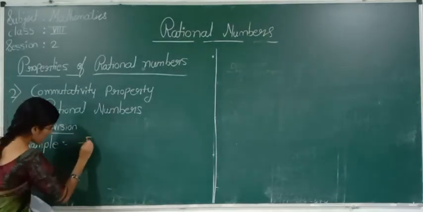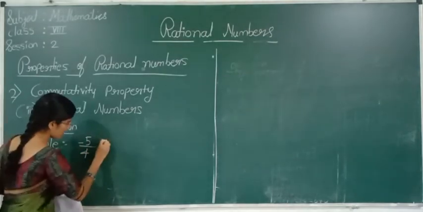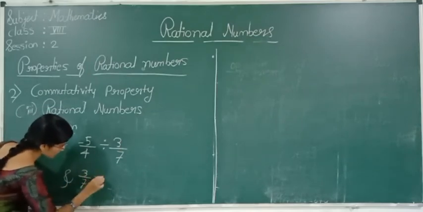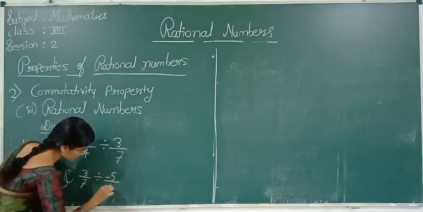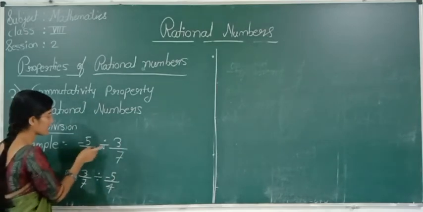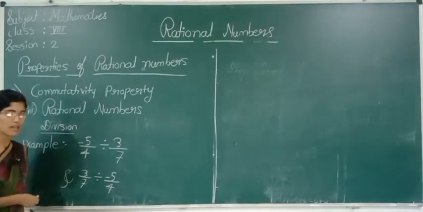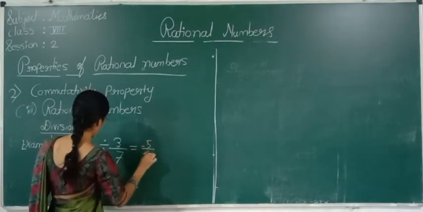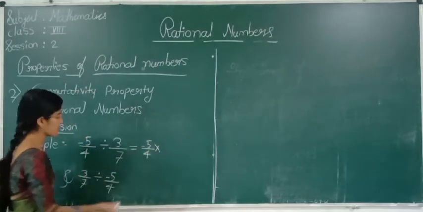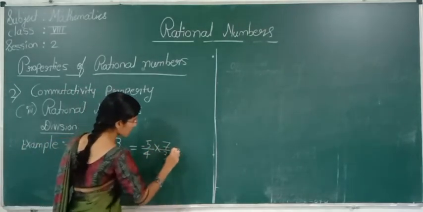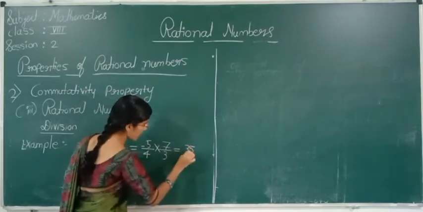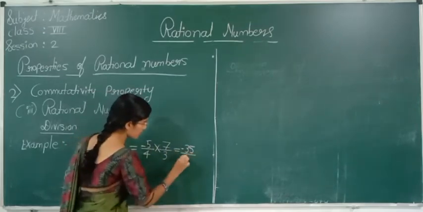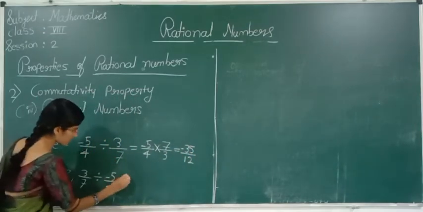Say minus 5 by 4 divided by 3 by 7, and 3 by 7 divided by minus 5 by 4. We will check whether A divided by B is equal to B divided by A. Now see here, minus 5 by 4 multiplied by 7 by 3. 7 5s are 35. A negative integer multiplied by a positive integer is a negative integer. 4 3s are 12.